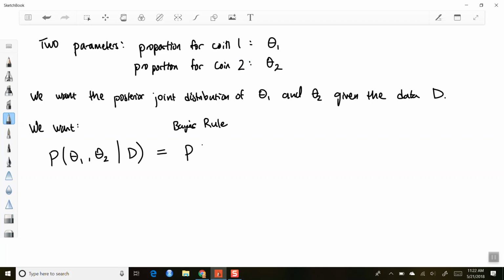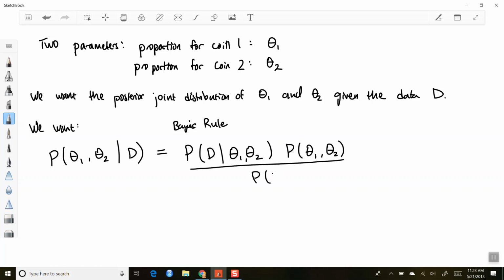This is the likelihood, the probability of the data given theta 1 and theta 2, times the prior, divided by the probability of the data, right?